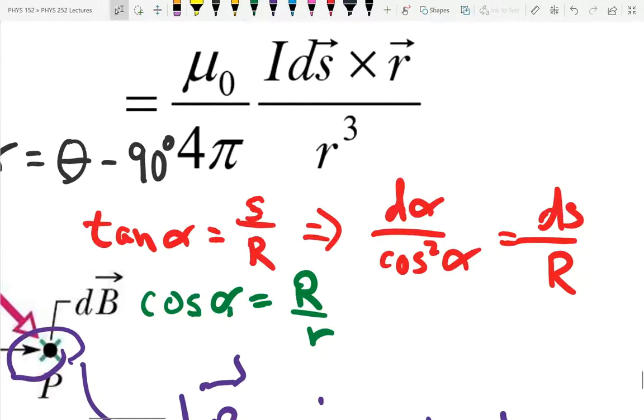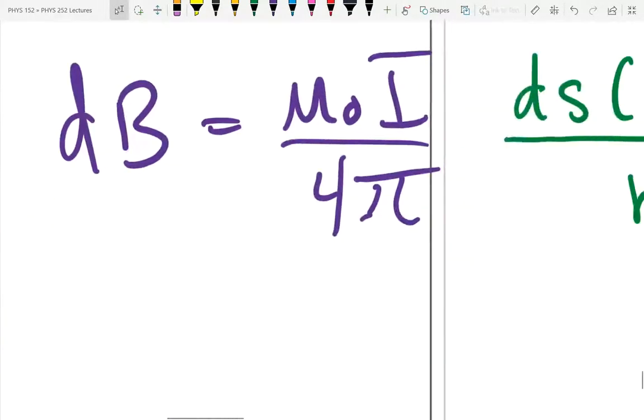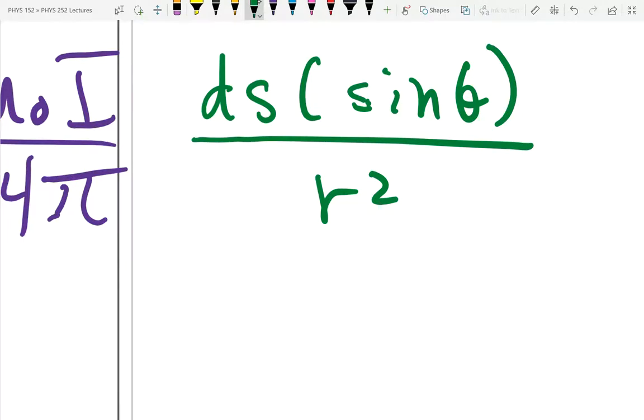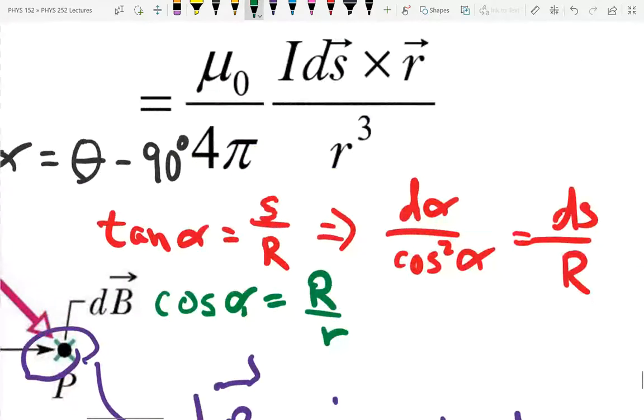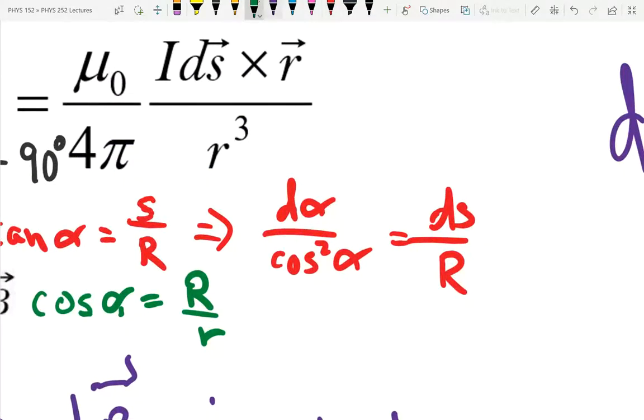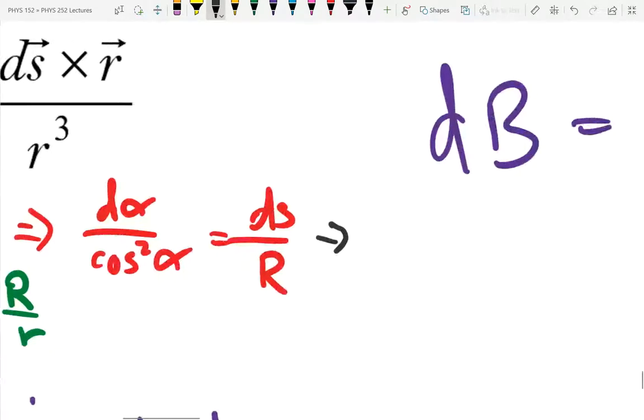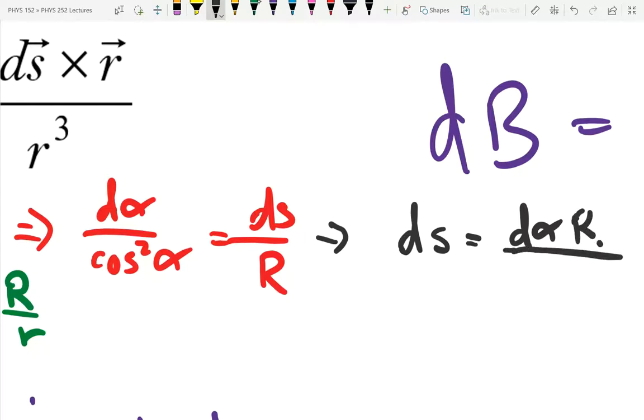And so how are these going to help us? Well, notice in my equation here, I have ds over r squared. So I'm going to take the one with the ds in it and solve it for ds. So this gives me, so that's my ds.